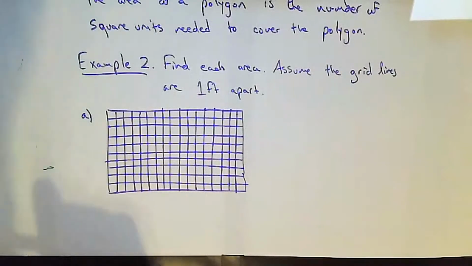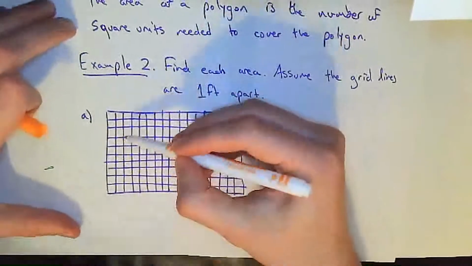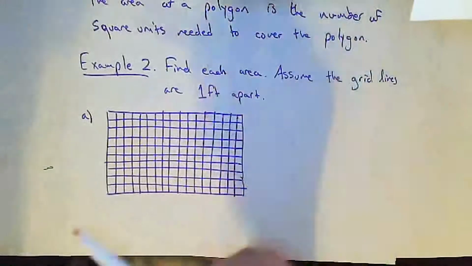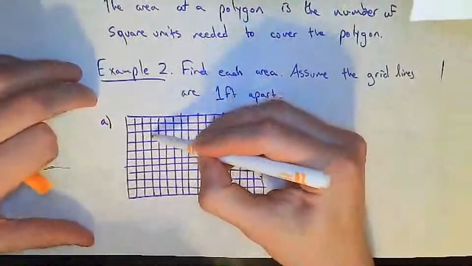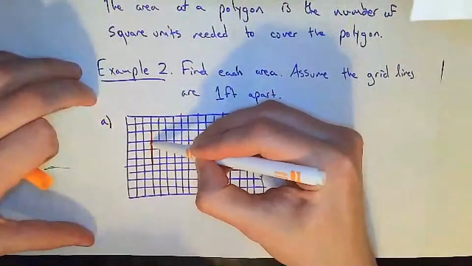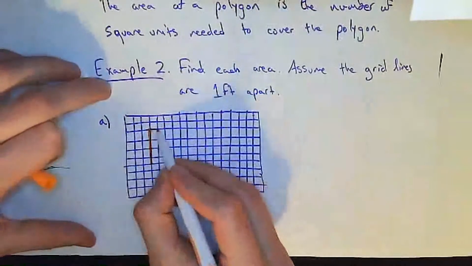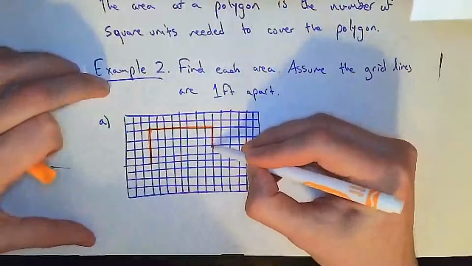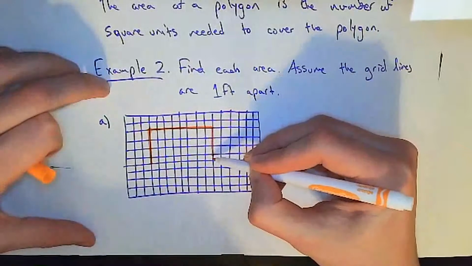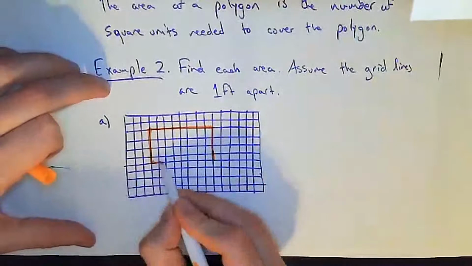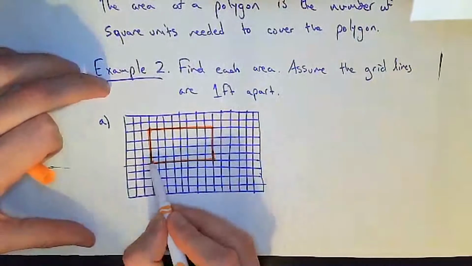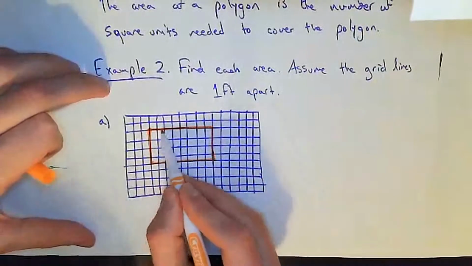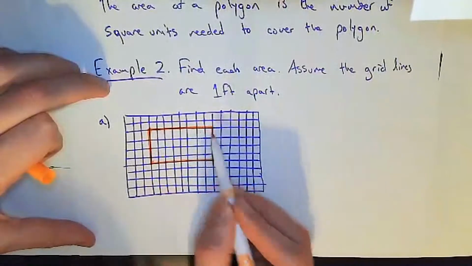And I've got a rectangle on here. Let me draw this marker, hang on. Okay, got a rectangle that is 4 units tall by 8 units wide. 1, 2, 3, 4. 1, 2, 3, 4, 5, 6, 7, 8.